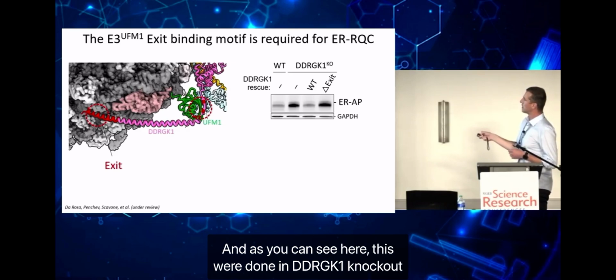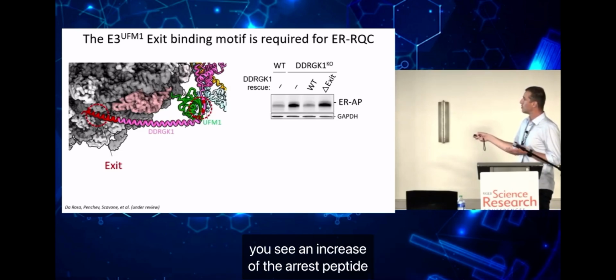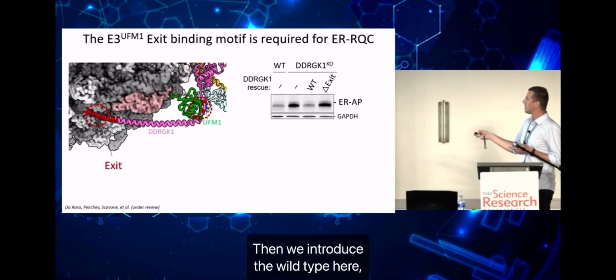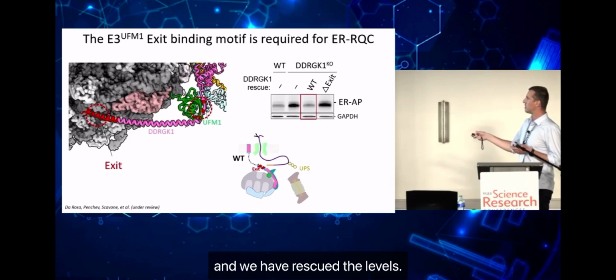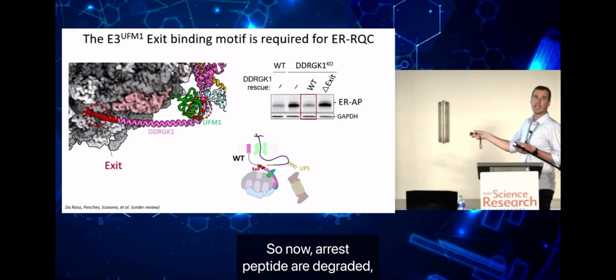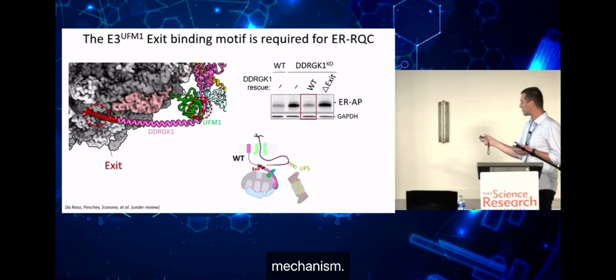These were done in DDRGK1 knockout cells, where, similar to the UFM1 knockout, you see an increase of the arrest peptide compared to wild type. Then we introduced the wild type and rescued the levels. Now arrest peptides are degraded, and we believe it happens through this dislodging mechanism.